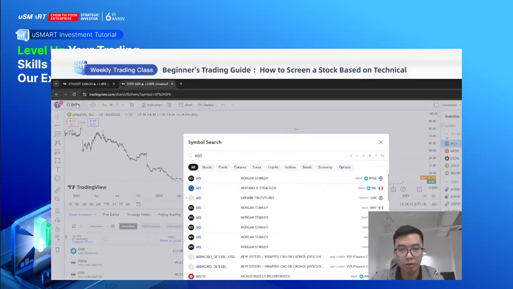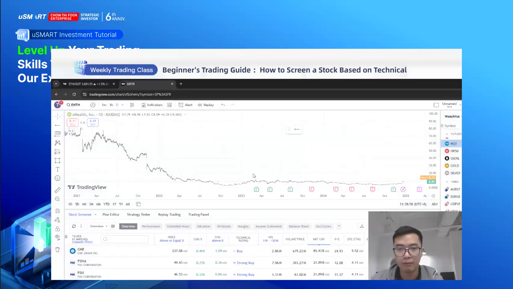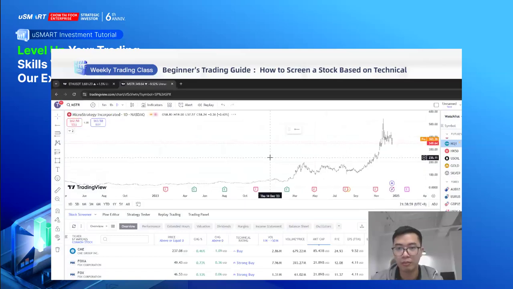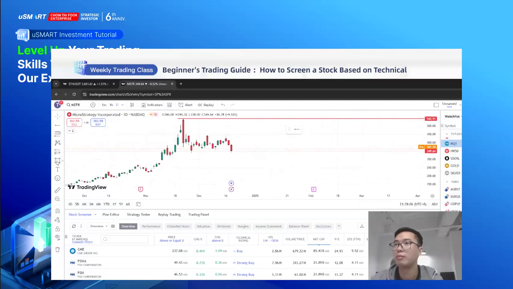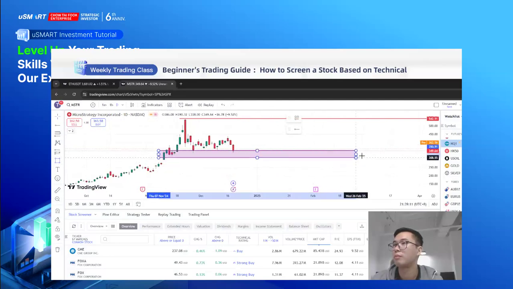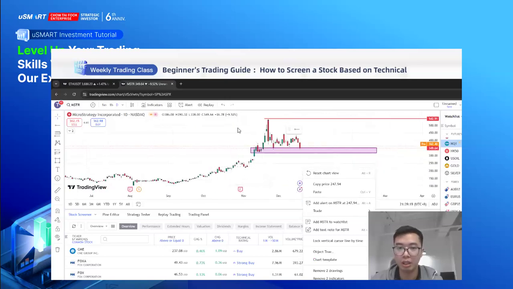Let's see some famous stocks. So we usually see the support resistance and then see it drops, then bounces up, or drops, bounces up, bounces down.